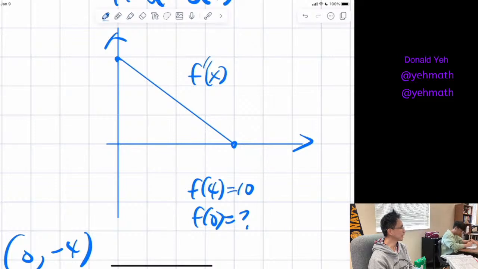You don't even have to lift your pencil to do this question. That's how easy this question is. You apply the knowledge from before, and you apply it to whatever you're doing.